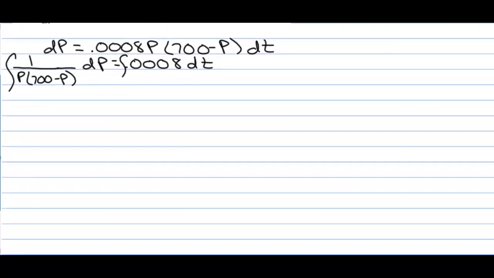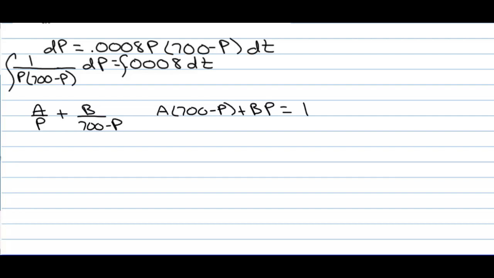Now we're going to integrate both sides to solve the differential equation. We're going to use partial fractions for this. We have A over P plus B over 700 minus P. We'll have A times 700 minus P plus B times P, and that's equal to 1. That's equal to the numerator of that right there.